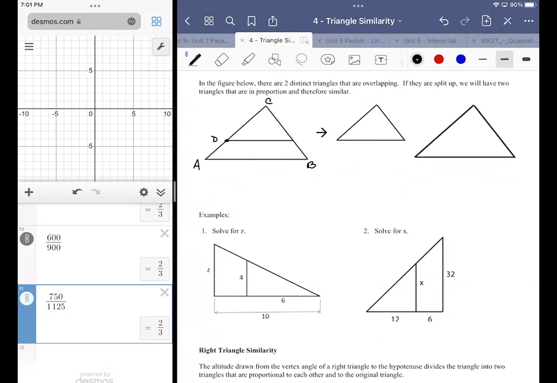We'll call it D, and I'll call this one E. The bigger triangle would be ABC. That little triangle shares a side, right? The AB would be in proportion with DE, but DC shares a side with AC. So DC would be in proportion with AC.